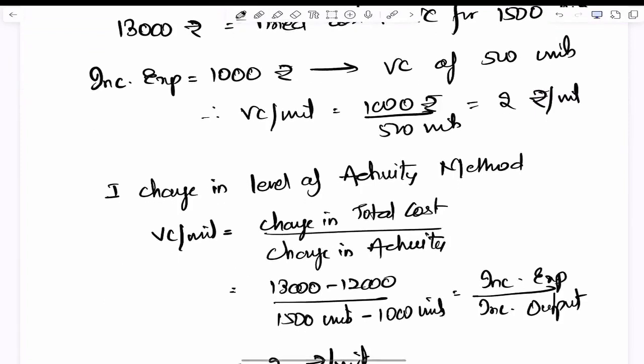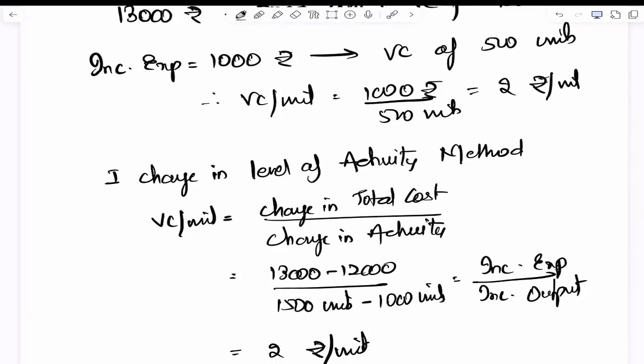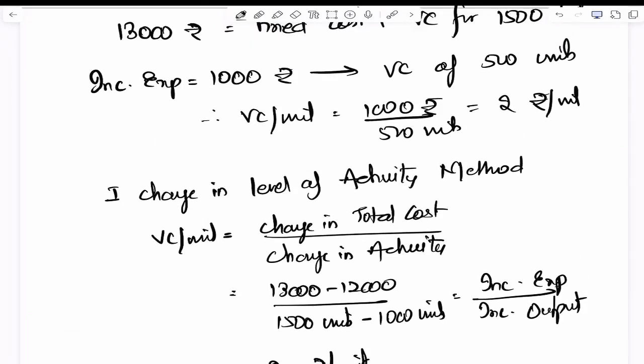The incremental expenditure is 1,000 rupees, which will become the variable cost for 500 units. Therefore, variable cost per unit is 1,000 divided by 500, which is 2 rupees per unit.